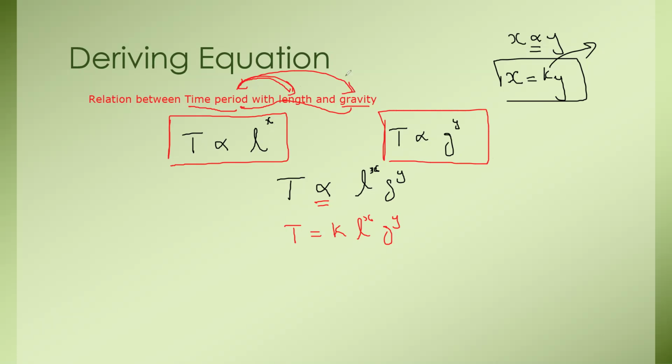So the common factor is the time period here. That's why we establish the relation: the time period proportional to length raised to power x and the time period proportional to gravity raised to power y.